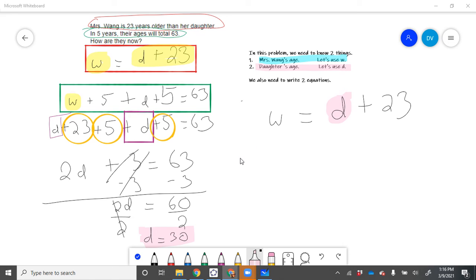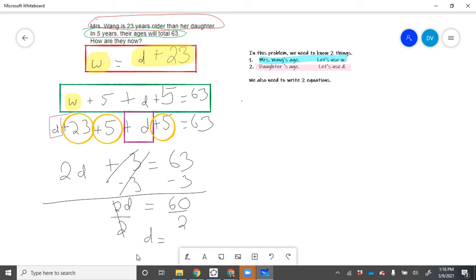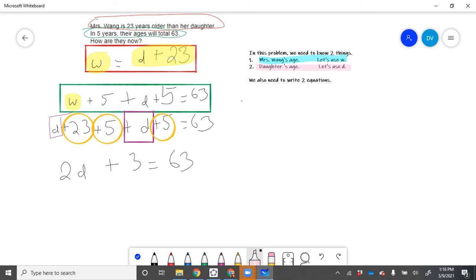I said that we're going to get 33, and I need to go back here. Let me fix that. I said 33, but I didn't write it. 23 plus 5 isn't 3, it's 33. That should be 33.